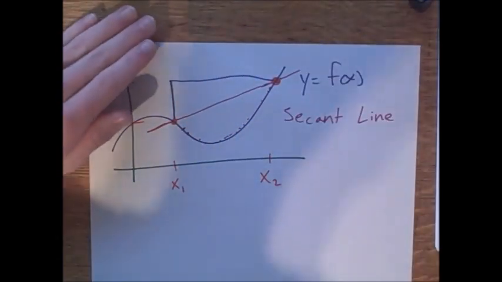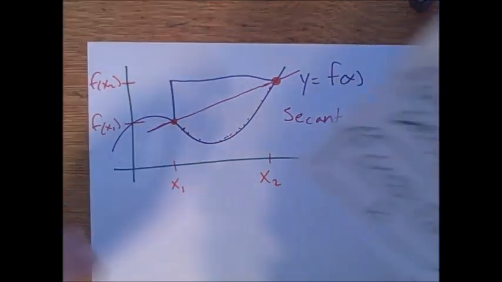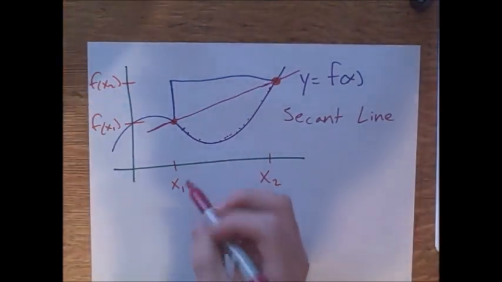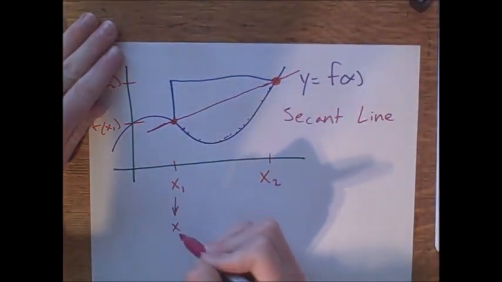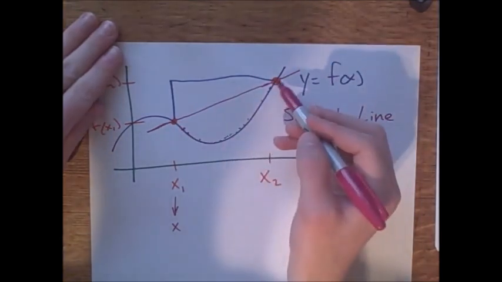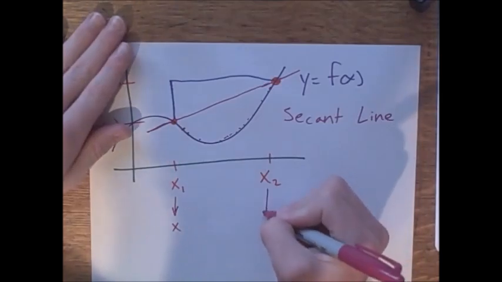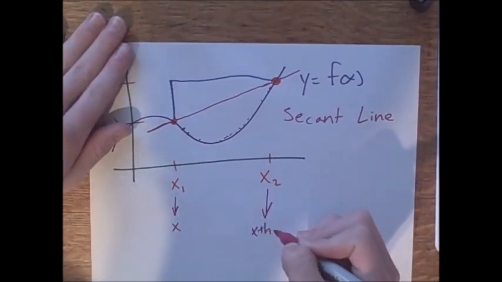And like I said here, we made x2 equal to x plus h. Because really, if this was just x, then really what is this? This is really just x plus some number, which is h. So this is going to be x plus h.